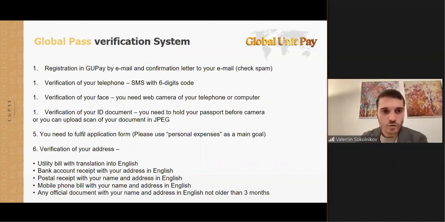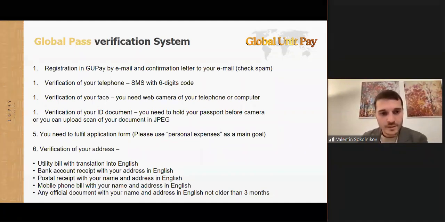In this case, if a person is a public official, then he cannot register with the payment system Global Unit Pay, as it means that he will be able to open an account in another country. This payment system does not work with public officials or political officials, as Valentin says.